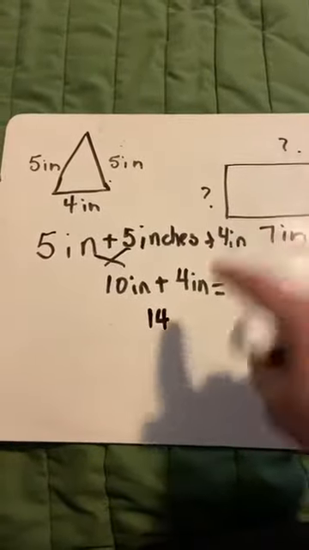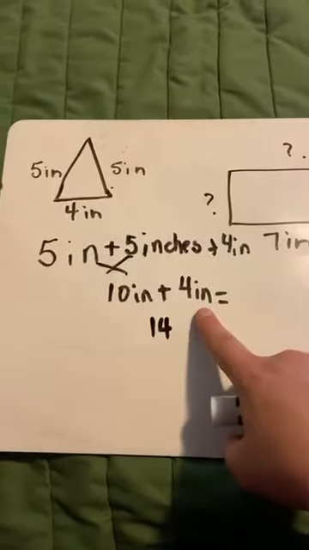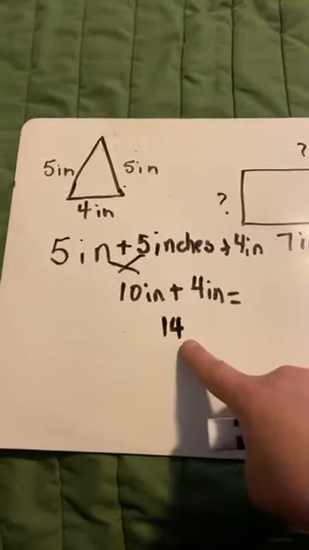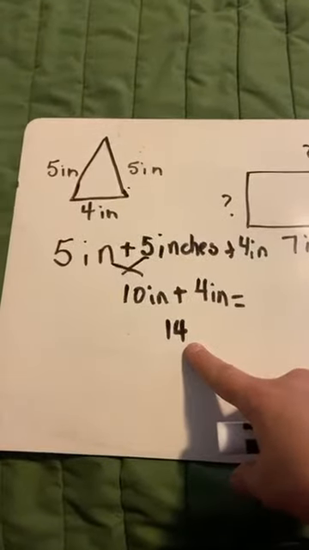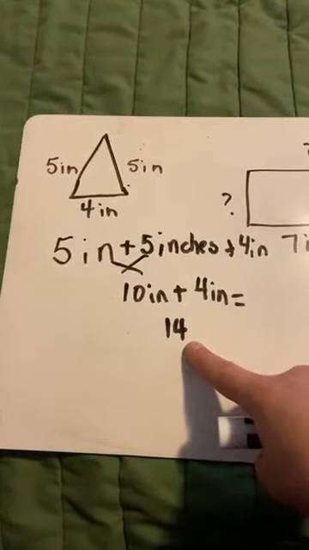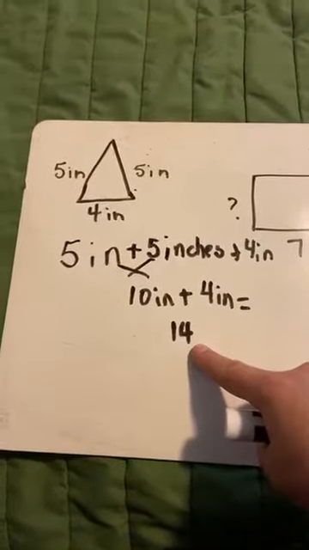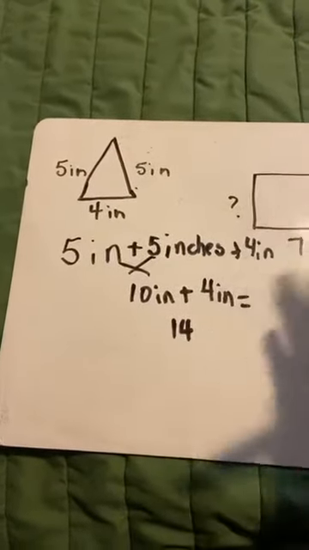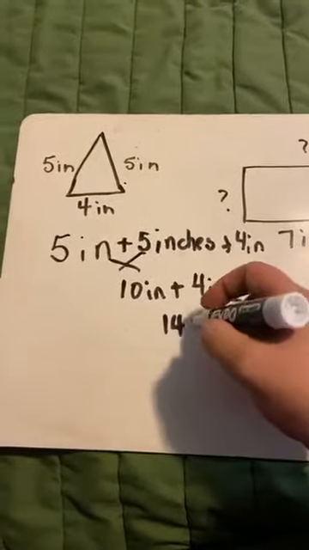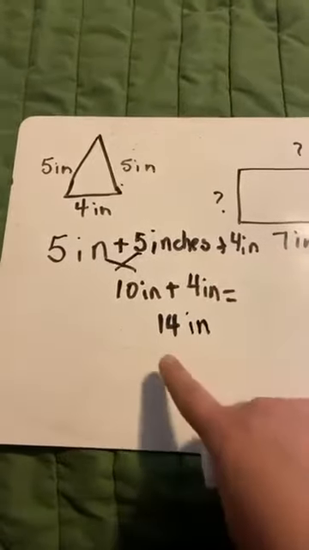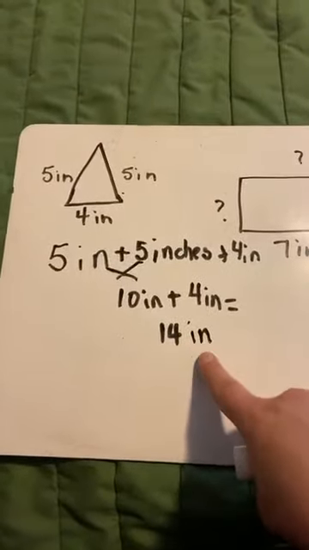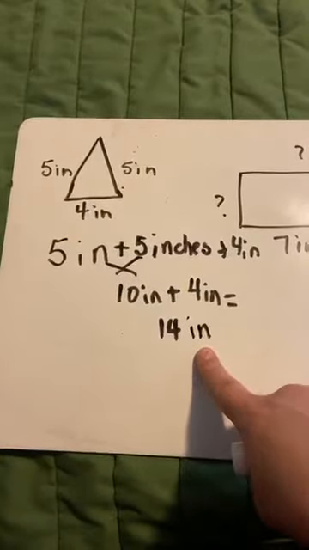And I have to make sure I label it. In this case, it's inches because if I don't label it, I don't know. Is it blueberries? Is it cows? Is it chickens? Is it pigs? Is it ice cream cones? I don't know. So I have to make sure I label it 14 inches on this one.